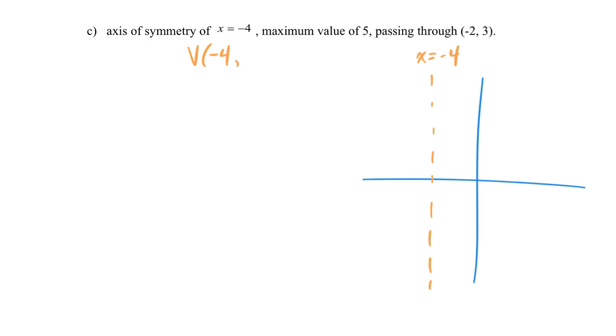Just wasn't explicit. You'll also notice that I told you that you have a maximum value of 5. So within that statement, I told you two things. It's a maximum, so I know my parabola opens down, and the value of that is 5. So up here, my parabola will never go above 5.